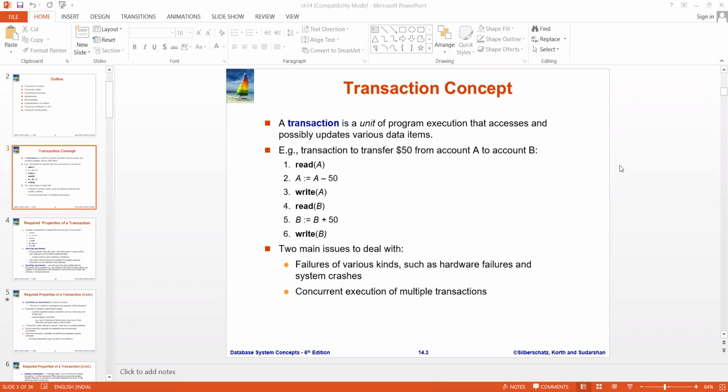Null means it should not happen. Okay, either the transaction should be null or full. Full means it should be completed fully. All the instructions in the execution code of a transaction should be fully executed, but not partial. And why? We already discussed it. Because power failure can lead us to heavy losses in the transaction.